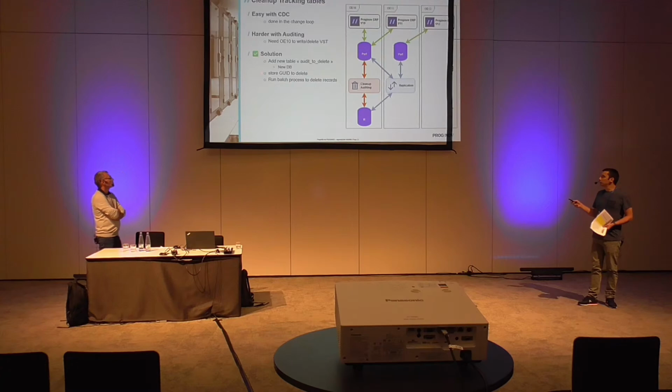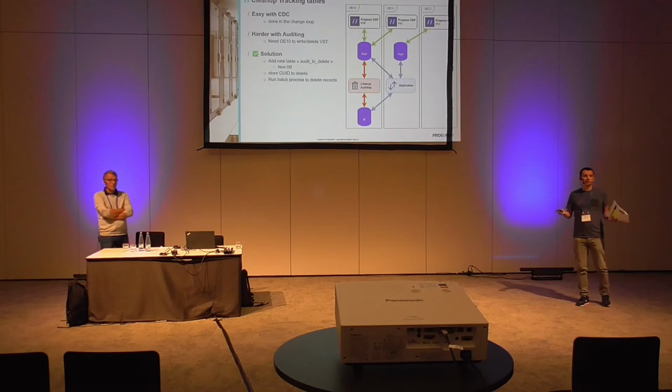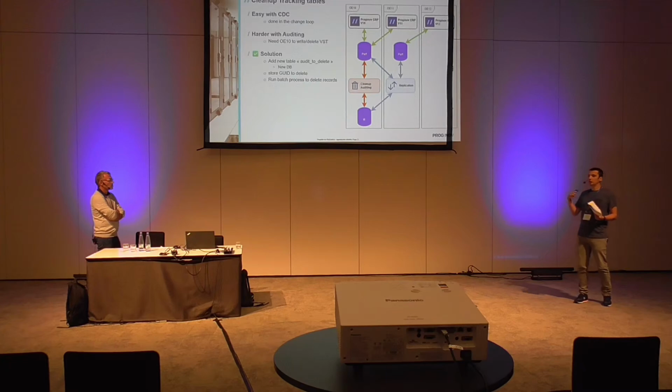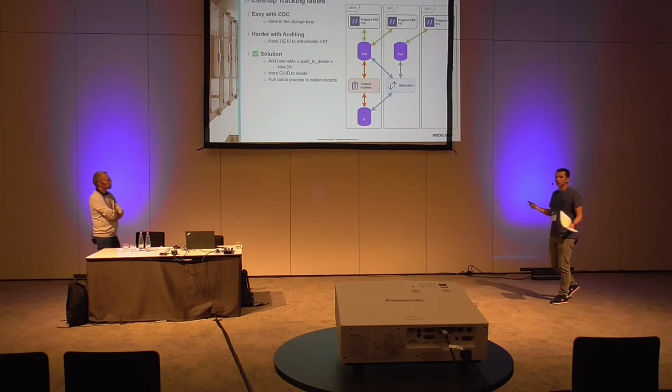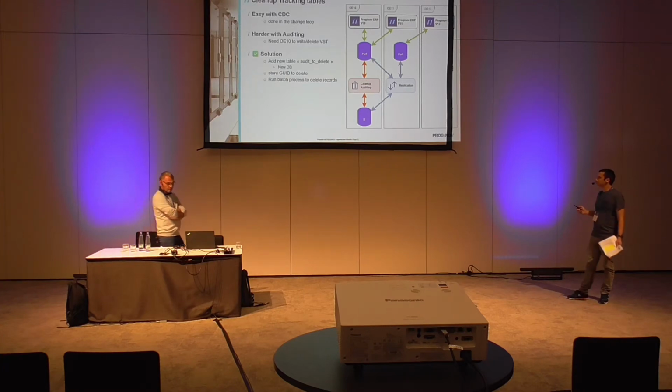And we added a new table in this database called audit to delete. This table will store every ID of auditing records that need to be deleted because they have been processed, so we don't need them anymore. And we will run a new OpenEdge 10 batch process that will read this new table and delete the auditing records depending on the content of the table.